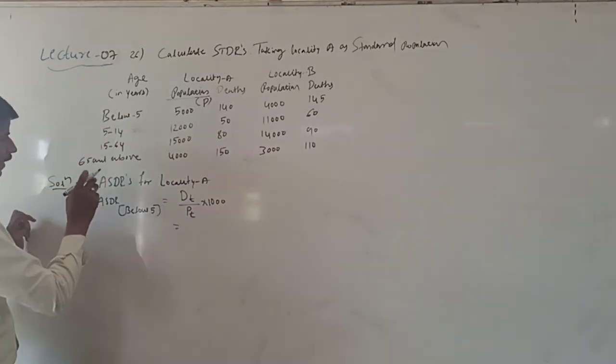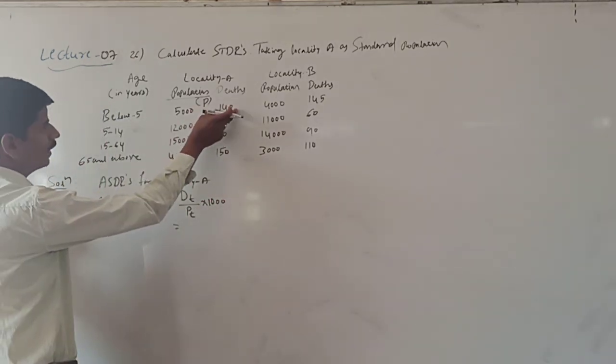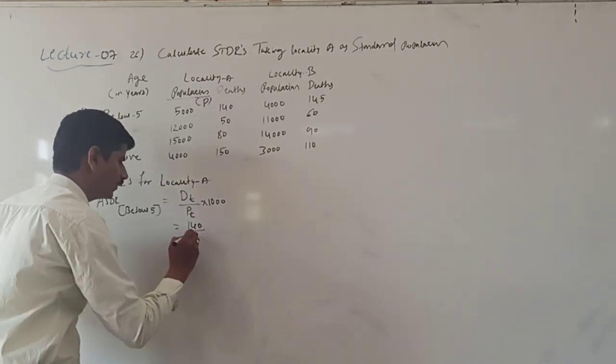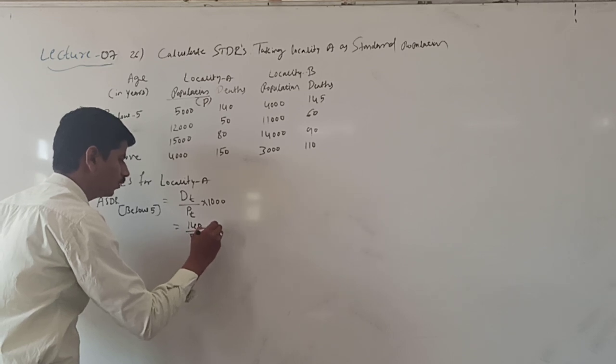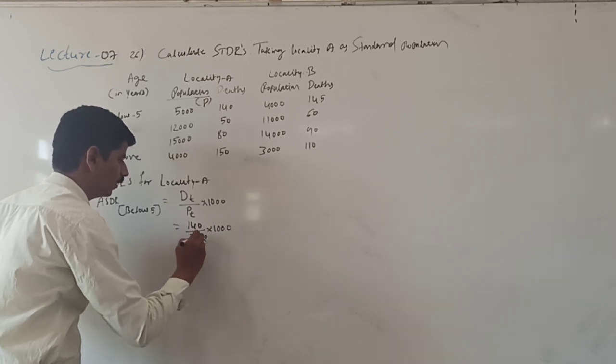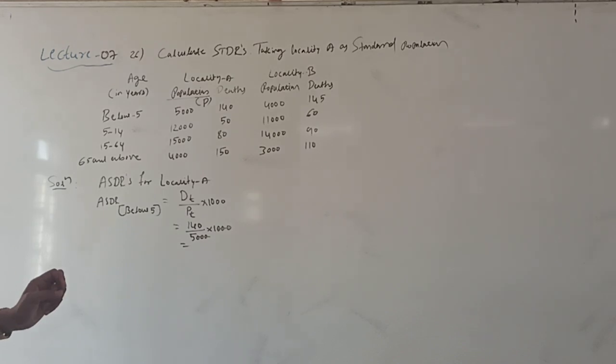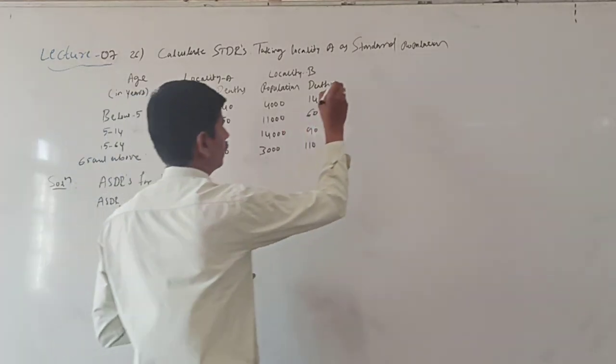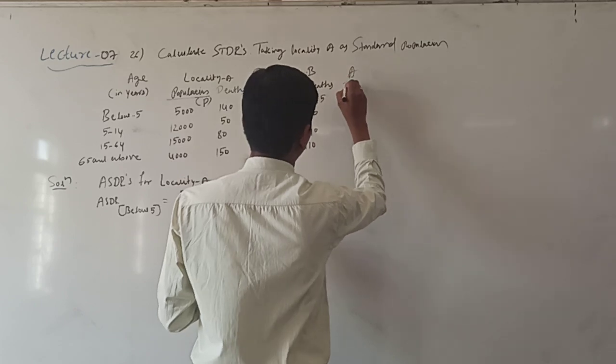Here DT is what? 140 divided by PT value is 5000 into 1000. Then we will get 140 divided by 5. Then we will get 28. Here A value, first A value is 28.